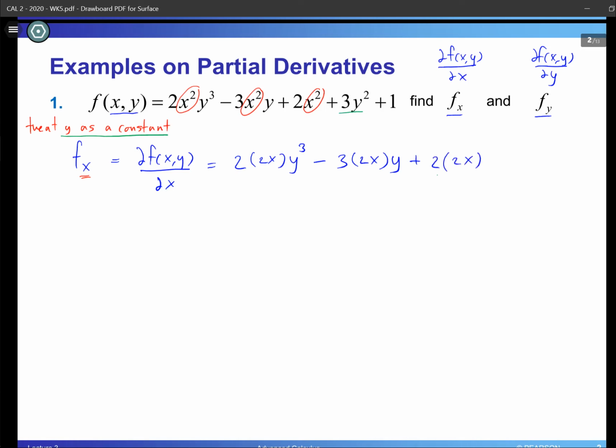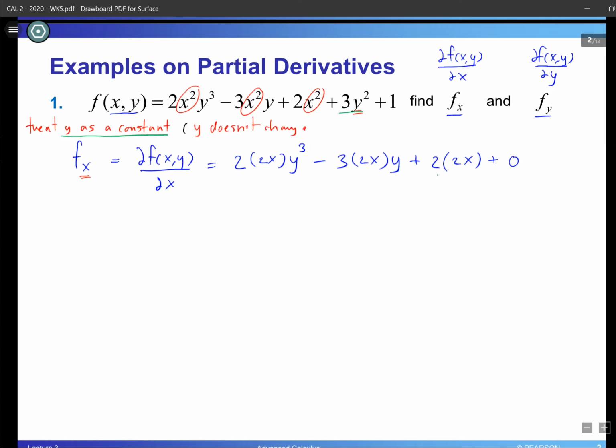So if I differentiate this constant with respect to x, it's going to be equal to 0. It's a little bit strange because we have this y, and looking at this, it is a variable. But keep in mind that in this case, we only focus on the x variable. Y doesn't change, so maybe write it down here that y does not change.